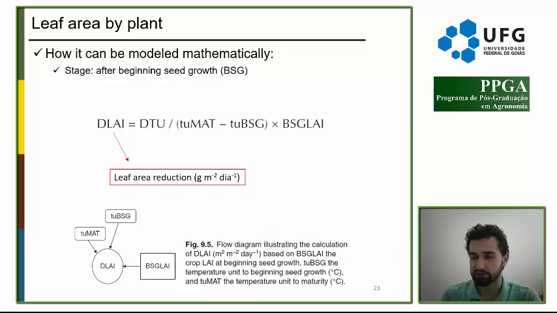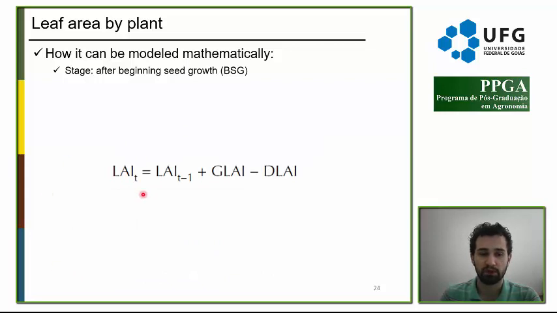And our state variable, Leaf Area Index, will be defined by the Leaf Area Index of the previous day plus the increase of the Leaf Area Index by day that you calculated previously, minus the reduction of the Leaf Area Index, occurring based on the phase you're in.